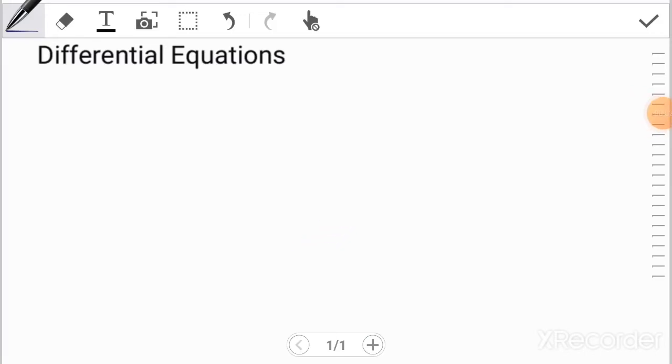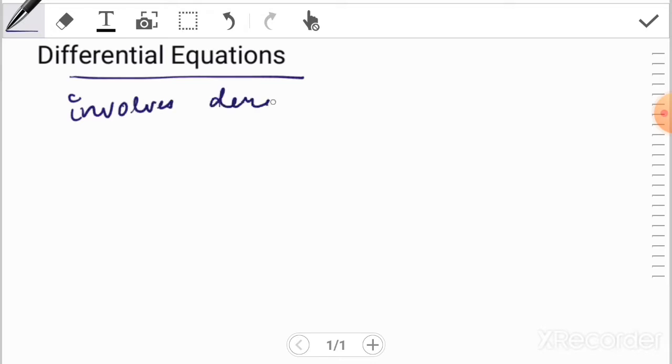Hi everyone, we will learn differential equations in this session. A differential equation involves derivatives or differential coefficients.